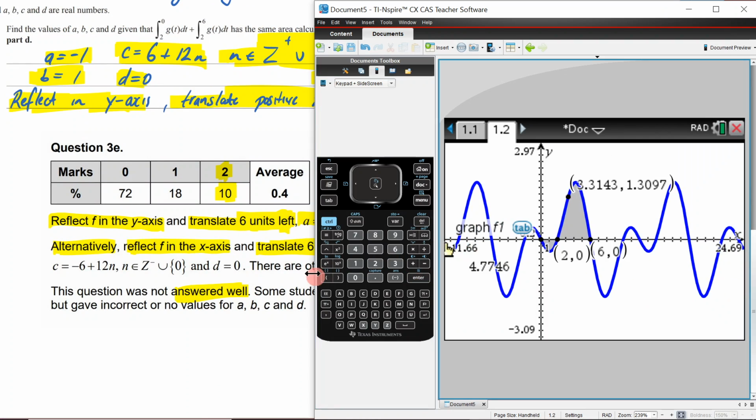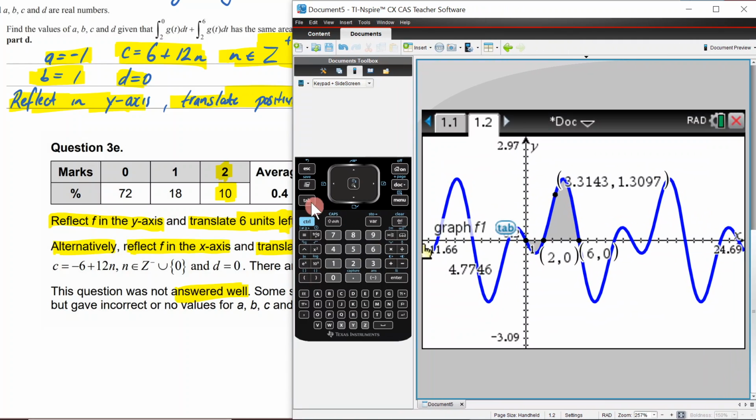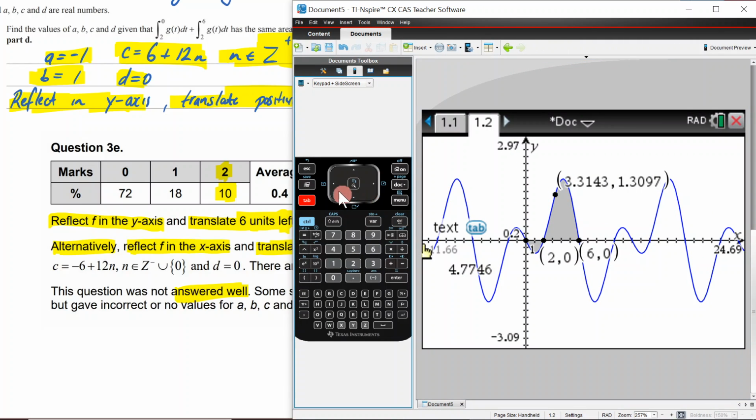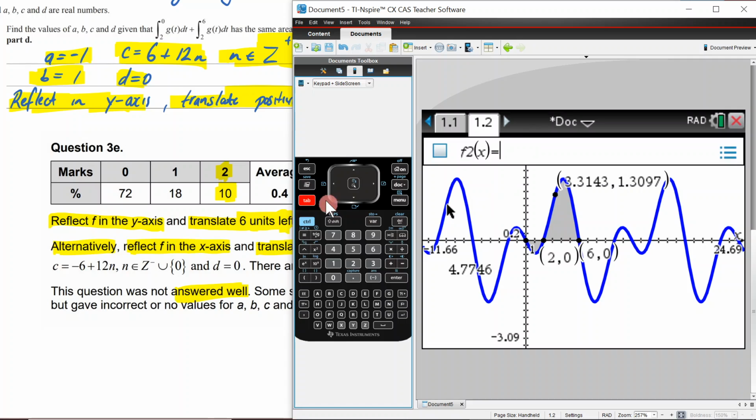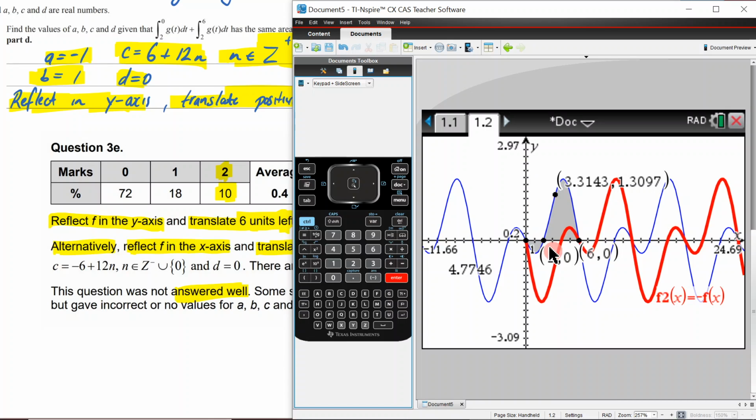So if you were to do it the other way, we're going to go tab. We've got another one here. This time, I'm going to reflect it in my x-axis, so I put that negative out the front, and if I do that, I wind up with this.